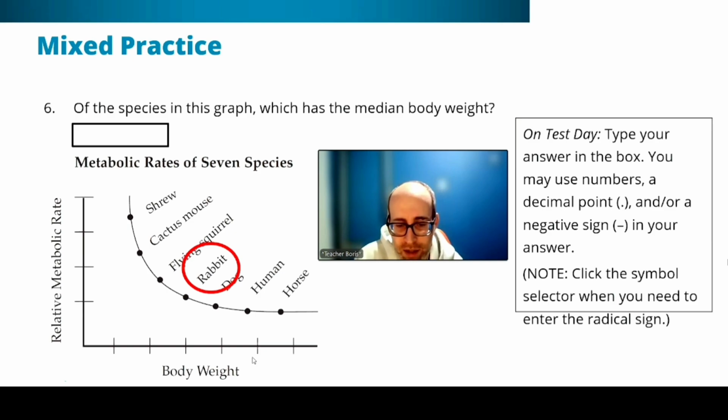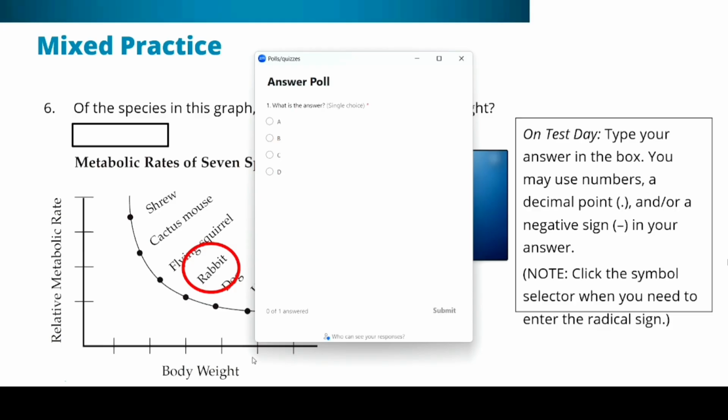All right, let's take a look at this drop-down question, which is basically a multiple choice question, which is why we can use the poll. Go ahead and vote for the one you selected on number 7.